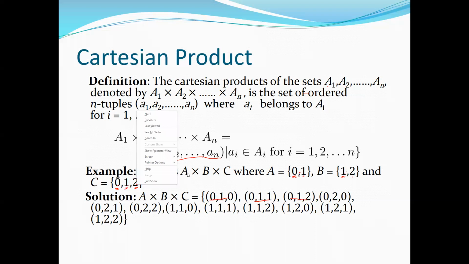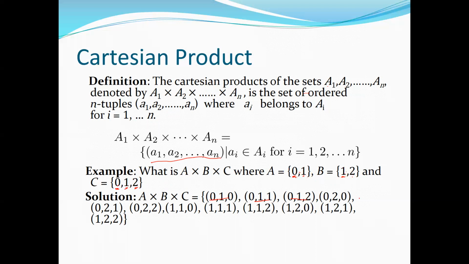Then the next element from the first set, 1: (1, 1, 0), (1, 1, 1), (1, 1, 2). Then the second element of the second set: (1, 2, 0), (1, 2, 1), (1, 2, 2). And you have now consumed all the elements from all three sets.